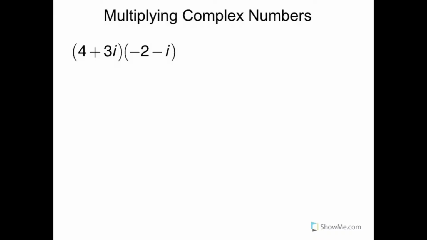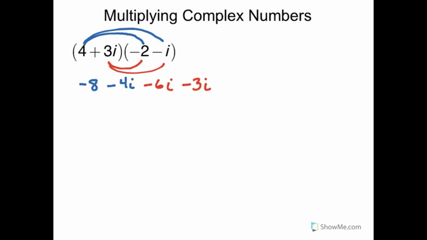If we're multiplying complex numbers that have both real and imaginary parts, we have two binomials, and we need to do double distributive property, or FOIL. 4 times negative 2 is negative 8, and 4 times negative i is negative 4i. 3i times negative 2 is negative 6i, and 3i times negative i is negative 3i squared.